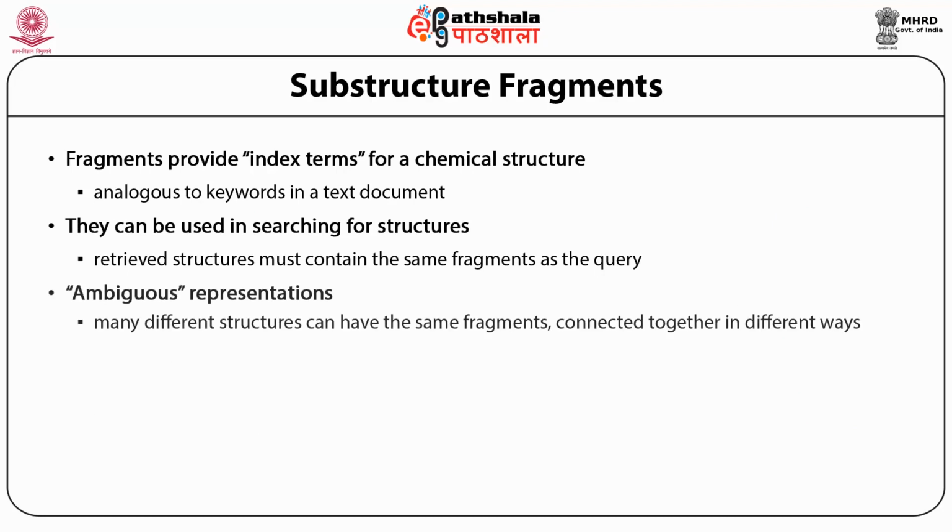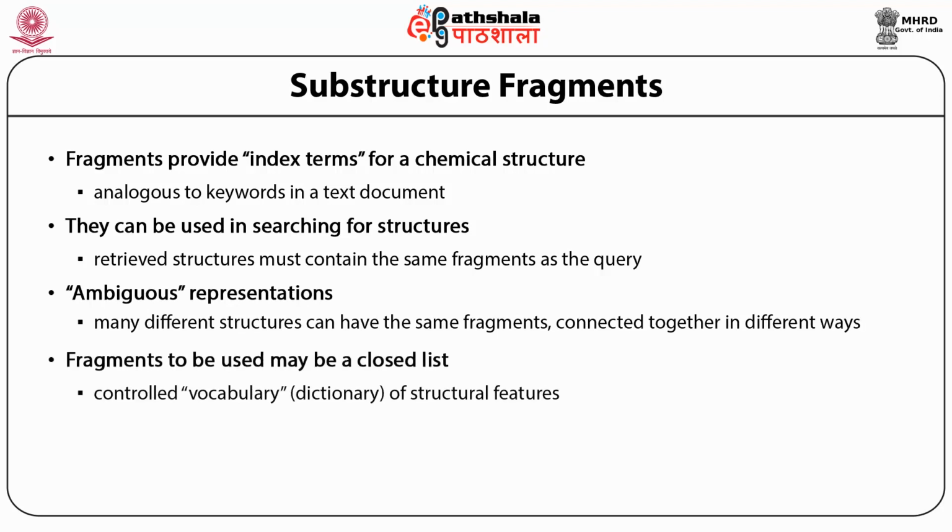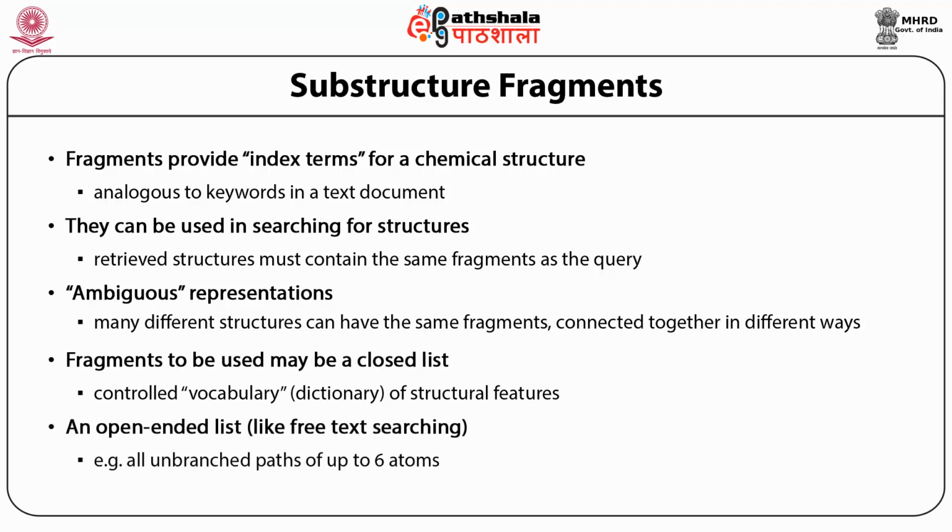Also, any ambiguous representation has to be assigned. Also, we should have the list of features depicted in advance. This is what is necessary for searching for substructure fragments or feature selection. This can be applied to any open-ended list.